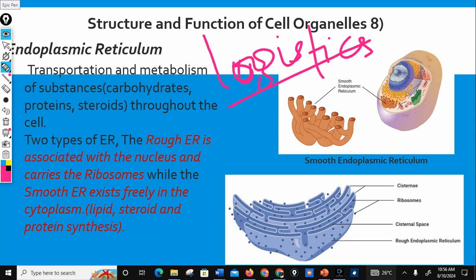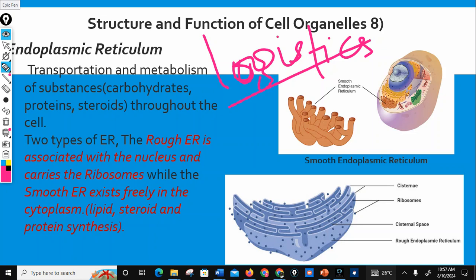All right, I hope that is clear. They don't produce proteins by themselves. The ribosomes do, but since the ribosomes are attached to the endoplasmic reticulum, they transport the proteins produced in the ribosomes throughout the cell.